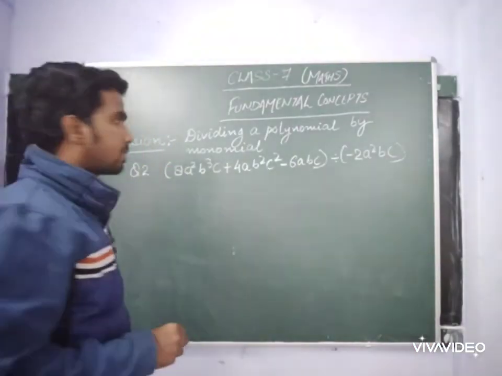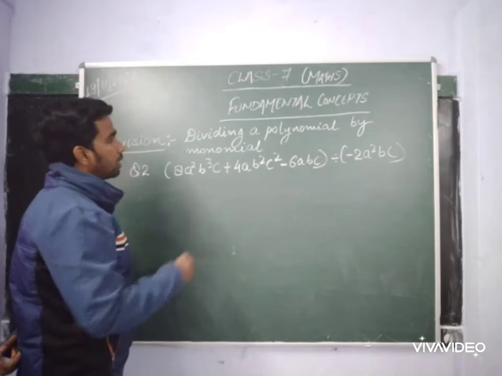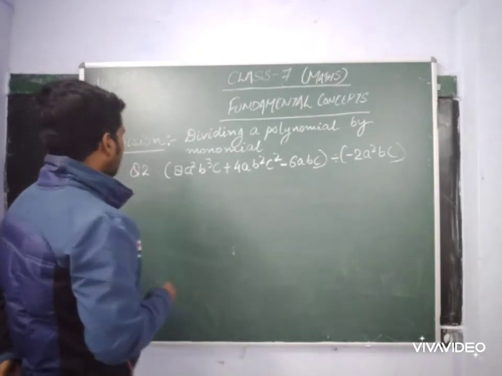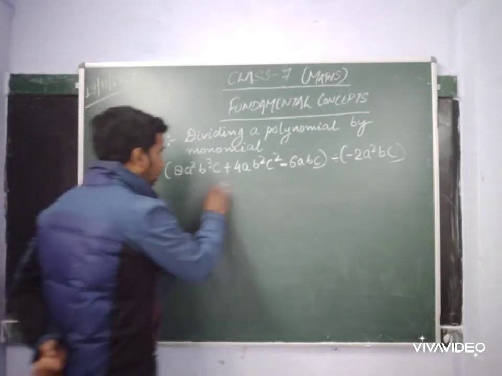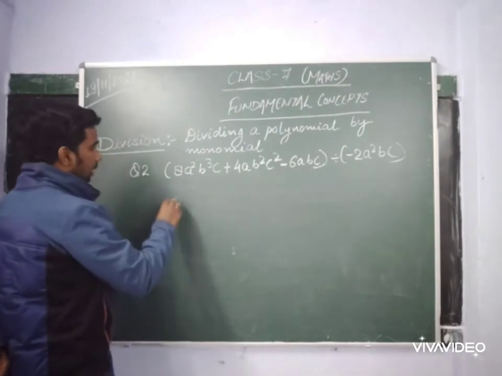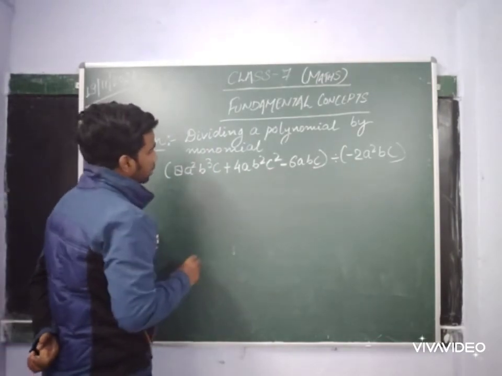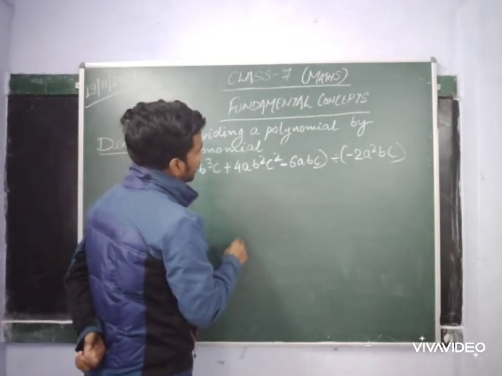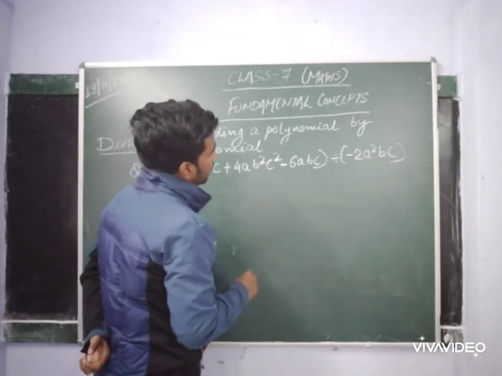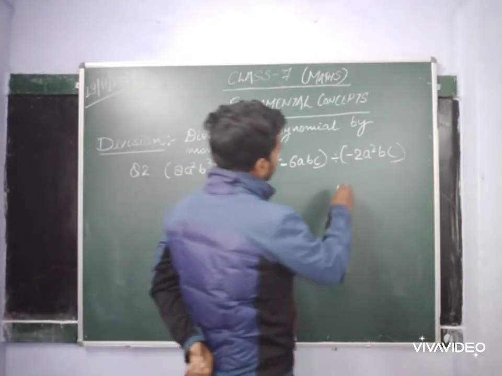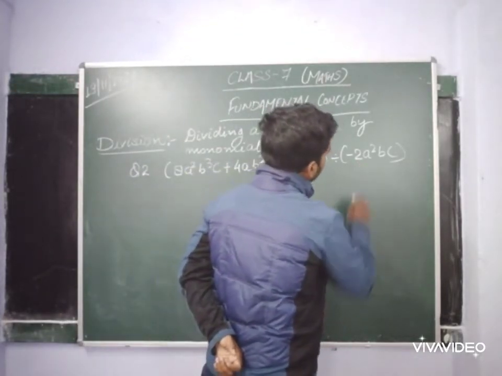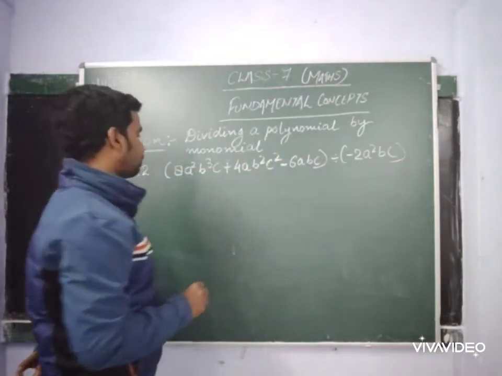Now let's see the second question of dividing a polynomial by a monomial. So this long polynomial has been given to you, and this is 8a square b cube c plus 4ab square c square minus 6abc, and you have to divide it with minus 2a square bc.